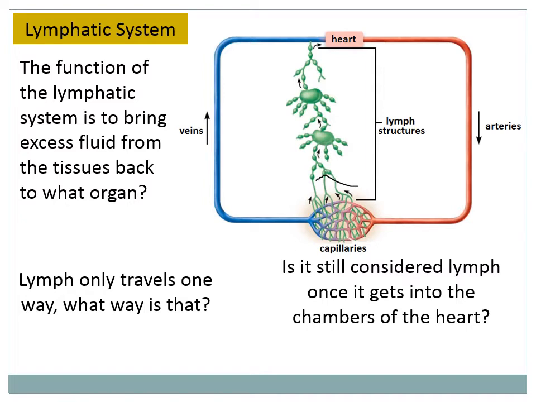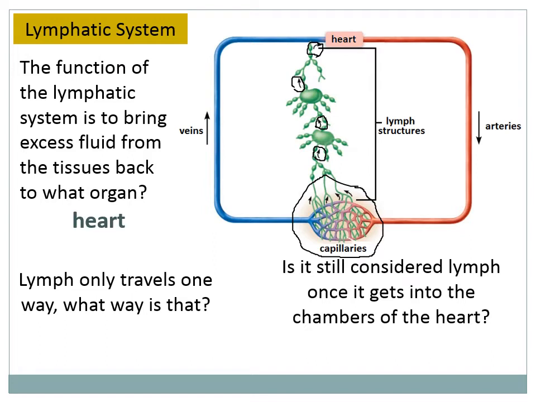If you take a look here, this is a spot where we gather up excess fluid. The arrows here, here, and here are all pointing back to the heart. So we are bringing excess fluid back to the heart.